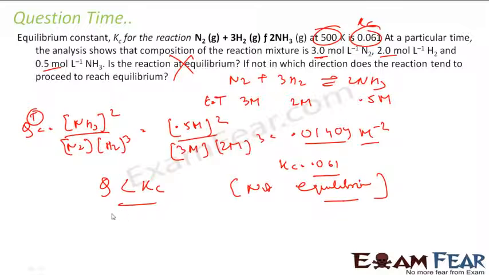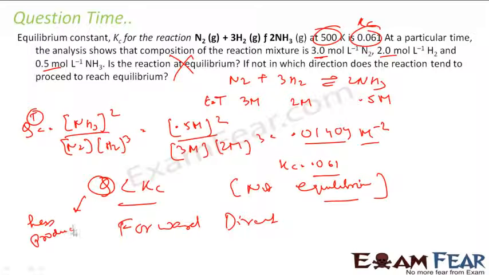If not at equilibrium, which direction will it proceed? Since Q is less than Kc, it will go in the forward direction. Q is less, that means fewer products, so it will go in the forward direction. Correct?